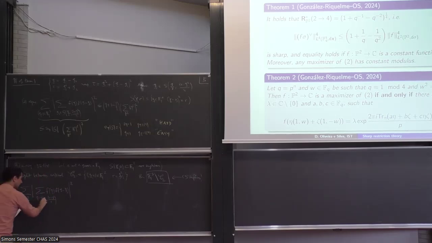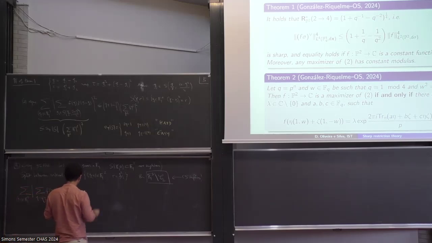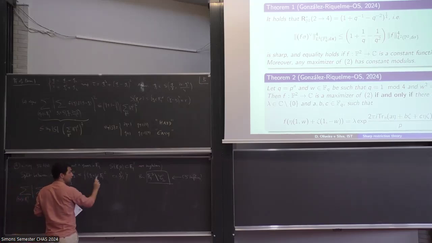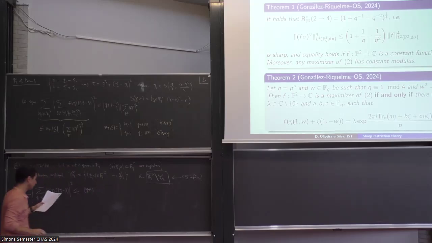I'm just copying what we have upstairs. All right, now I claim that this is bounded by, so I'm splitting this guy into two regions, critical circles and the complement. On the complement, I'm using Cauchy-Schwarz and I'm picking up a factor of q plus 1. This was the large contribution from the convolution.